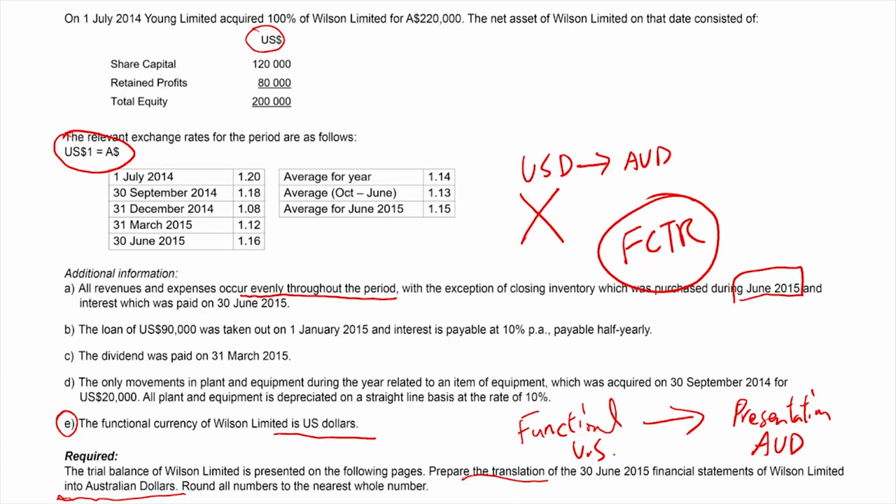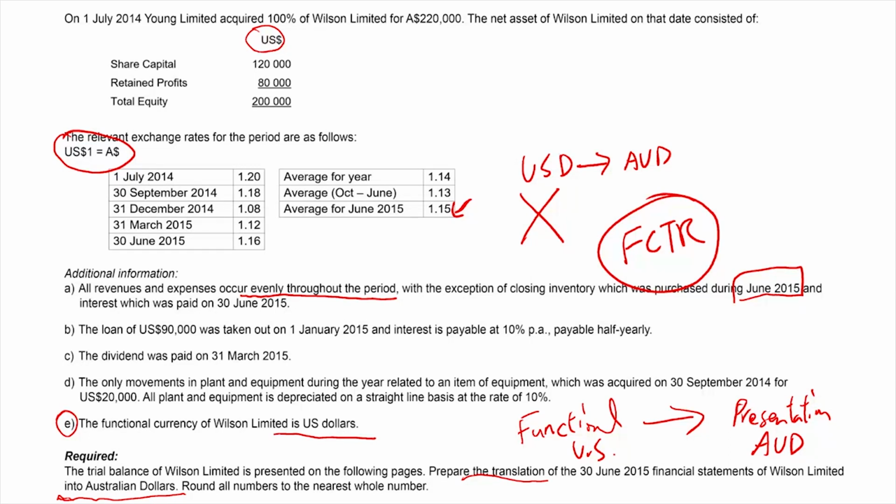When they give a specific time period or specific date for a particular transaction, you have to make sure that you use a specific exchange rate. For example, if they say the closing inventory was purchased during June 2015, you can see that we have an average of June 2015. That is a specific rate that we are going to use for closing inventory.